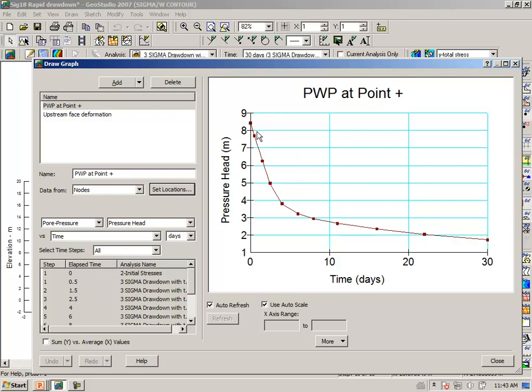And we notice, of course, the pore pressure head. We're talking in pressure head that as the reservoir comes off, of course the pore pressure is dissipating, and then after day 5, when all the reservoir is gone, the pore pressure continues to dissipate as the excess pore pressure drains out of the embankment.